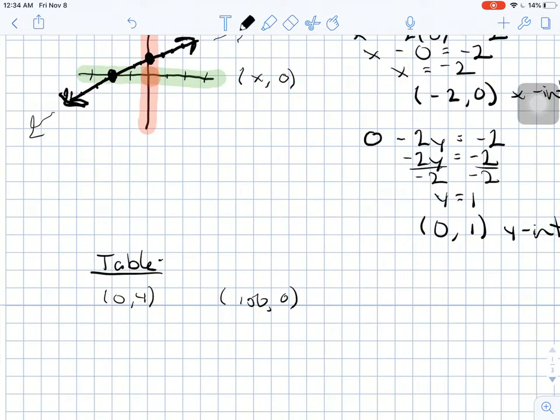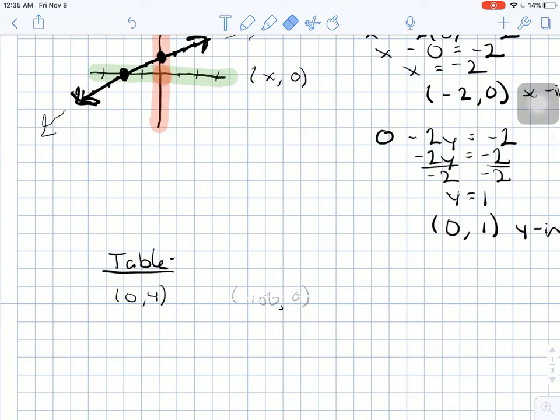Well, that's going to be really awkward to graph because 150 is really far away from the origin. So that's going to make for a tricky graph. You might not want to draw the graph out far enough to show (150, 0). So that's one case where you might want to use a table strategy instead.